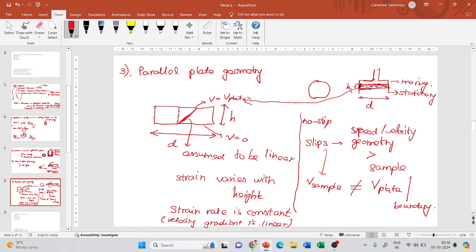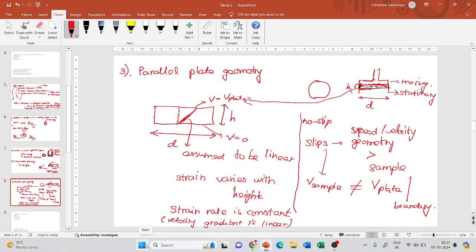Why am I spending so much time on this parallel plate geometry? It is because all the PG, performance grading tests, that you do on your sample use a parallel plate geometry. So the most widely used geometry in our case is the parallel plate geometry, where we do the performance grading of bitumen as per the ASTM standards.